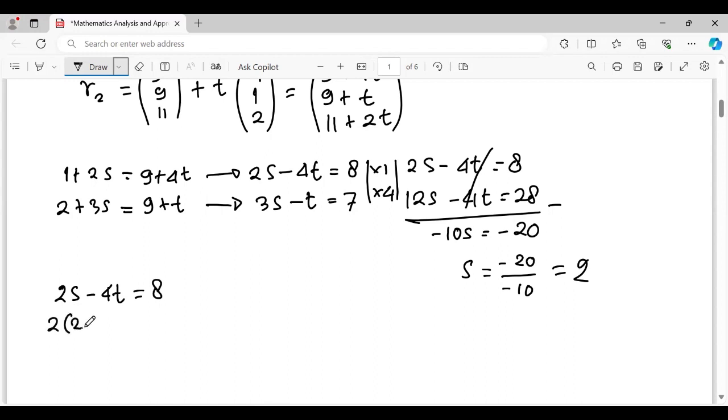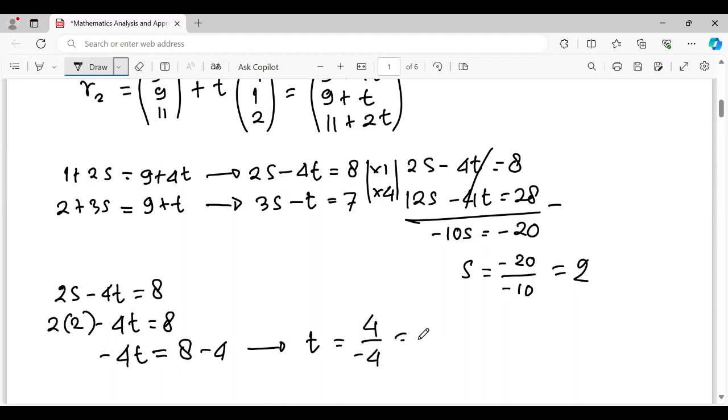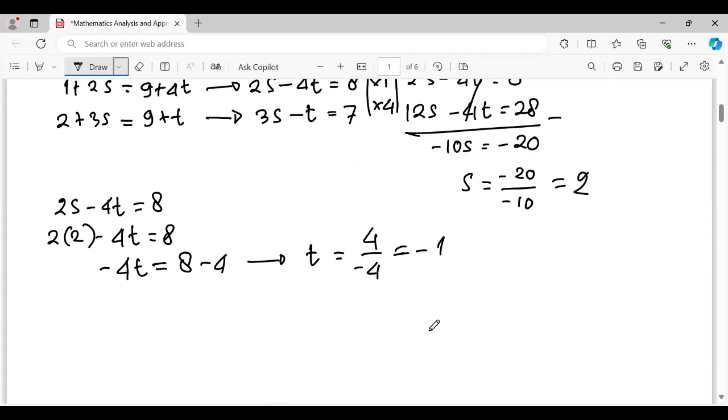So 2 times 2 minus 4T equals 8, minus 4T equals 8 minus 4. So T equals 4 over minus 4, which equals minus 1. So S equals 2 and T equals minus 1.